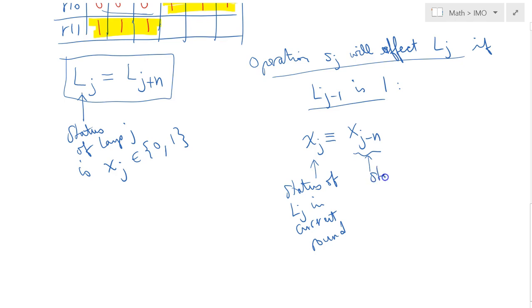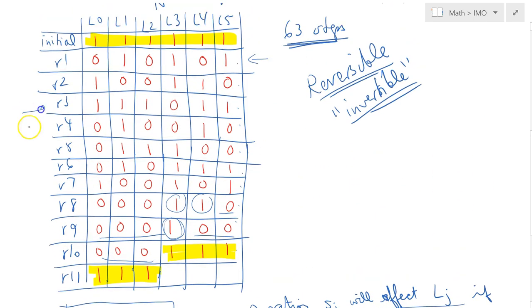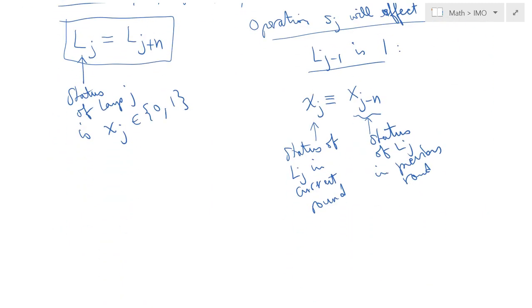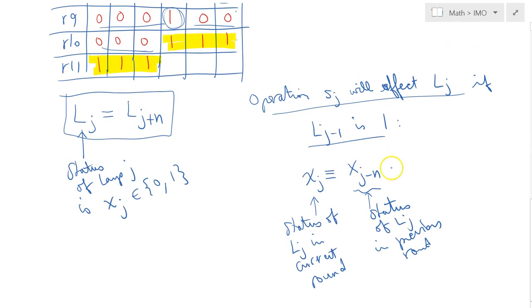When I say round, I mean the rows of this table. So I'm counting which round we're at. And so x sub j is equal to x sub j minus n plus x sub j minus 1, depending on the status of the previous lamp.